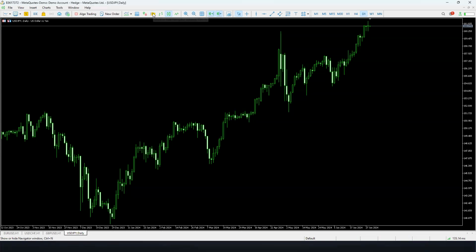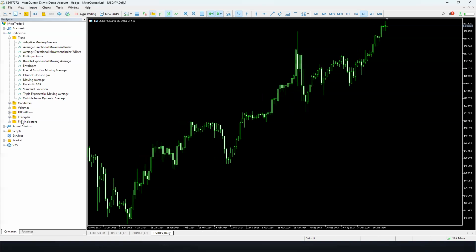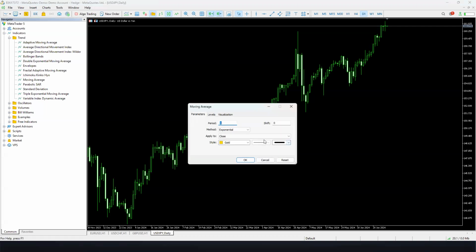Moving average 200 divides the market into buy and sell zones. We have not gotten to the indicator trade class, but I just use this to explain to you. Moving average 200 divides the market into buy and sell zones.